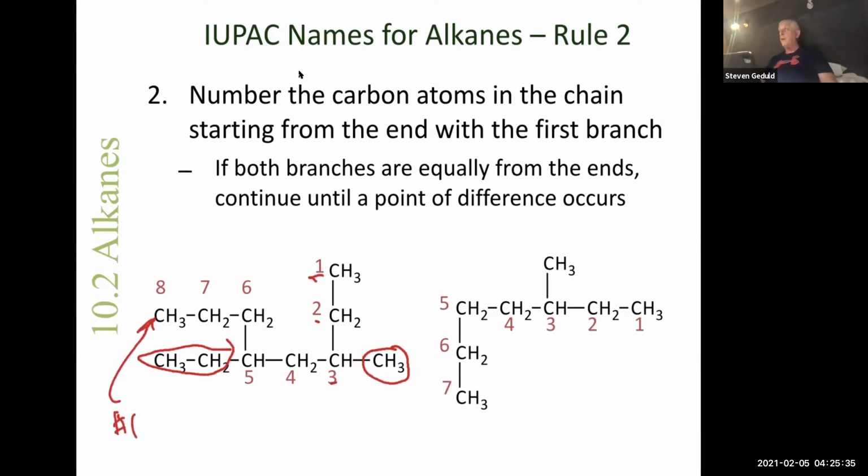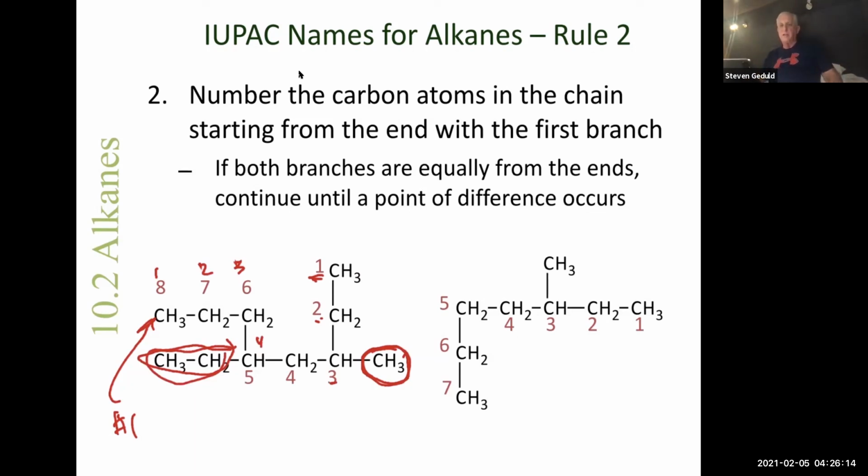Once you find the longest chain, you number it, and you give the substituent the lowest number possible. Starting numbering from here, we have 1, 2, and our first substituent is at number 3. If we had numbered the other way, 1, 2, 3, 4, our first substituent would be at number 4. The lowest number gets precedence. So we always number the longest chain, and we make the substituent the lowest number possible.